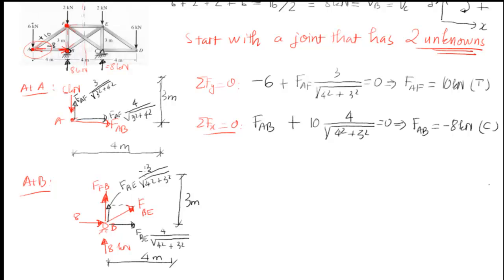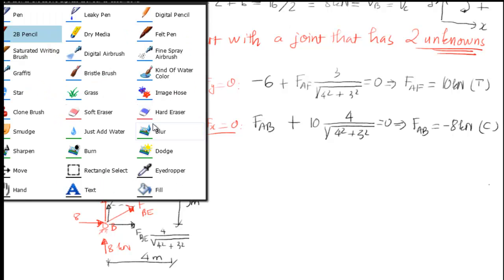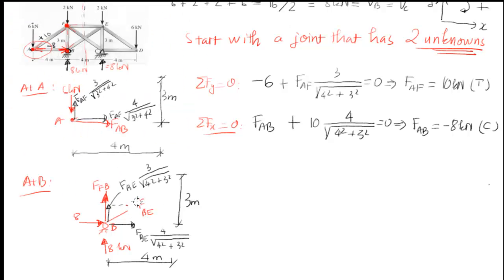Once you got these two forces, delete the inclined one and ignore it. Now we're left with 5 forces and 2 unknowns, which are FB and FBE, so we can solve this.